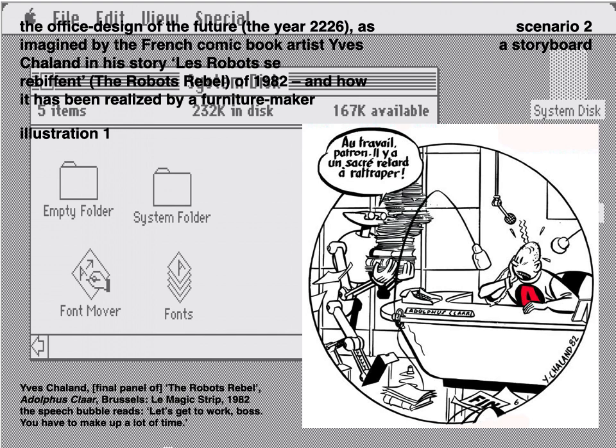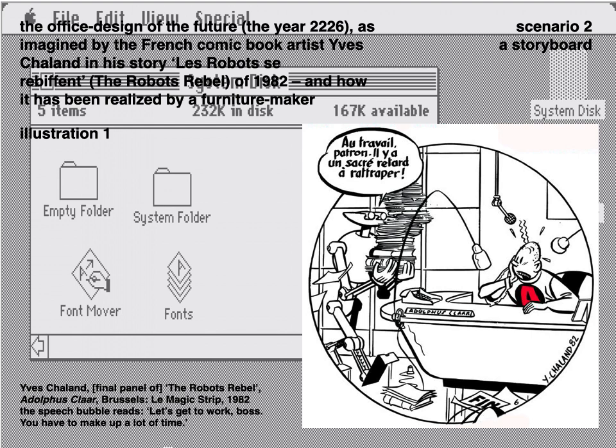And this appears initially in the panels in the storyline of a comic book, was later actually realized, as you will see. So here's illustration 1. The final panel from The Robots Rebel. And the robot that is bringing all the work is saying, "Let's get to work, boss. You have to make up a lot of time."